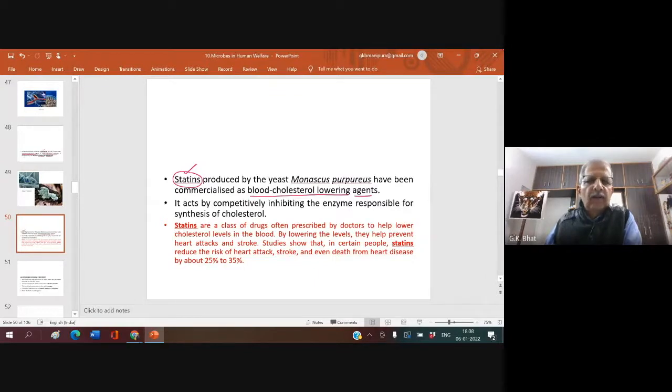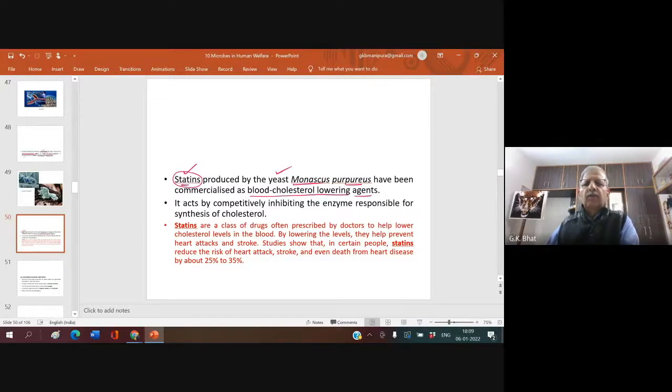Patients who have high blood cholesterol level are given statins, and these statins are produced by Monascus purpureus.